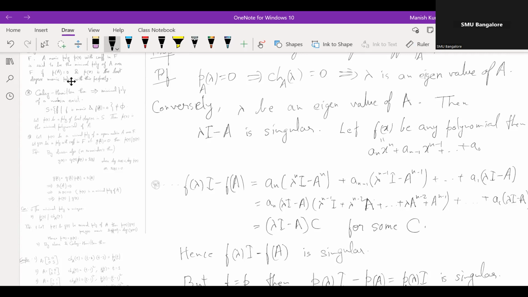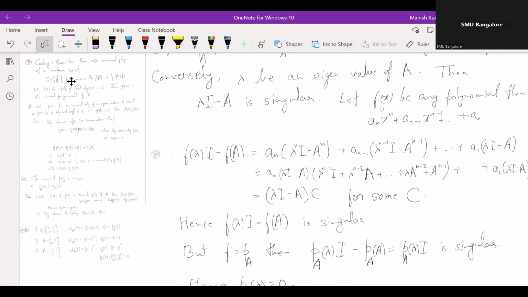But the upshot of all this calculation is that f(lambda) I minus f(A) is a multiple of lambda I minus A, so it can't be non-singular, right? Because lambda I minus A is singular, the determinant of f(lambda) I minus f(A) is going to be 0, because the determinant of lambda I minus A is 0, irrespective of what C is.